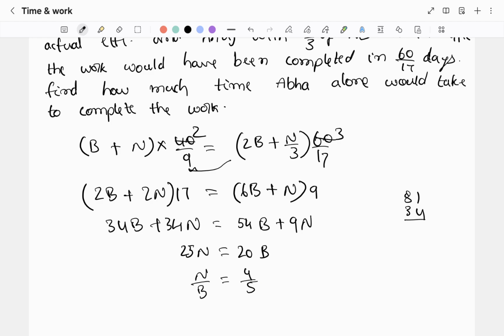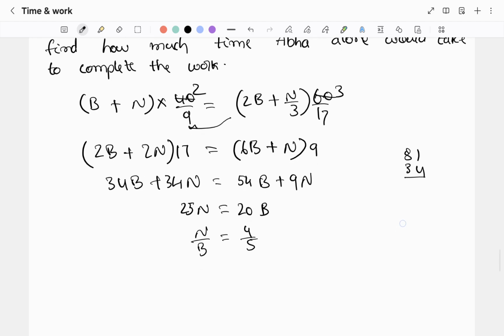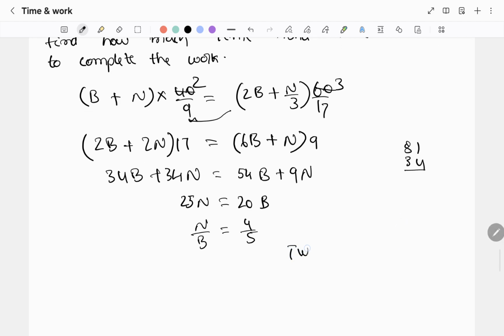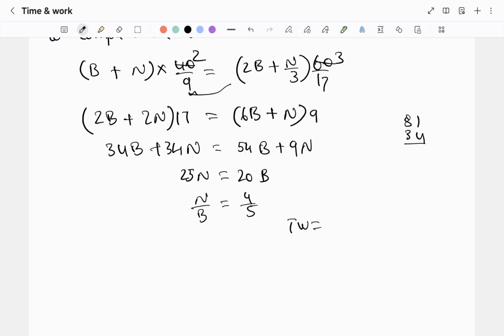Then total work done is, total work is equal to efficiency into time. So what is efficiency? Total efficiency is 4 plus 5, 9, into number of days both have taken, 40 by 9. This is what is given in the question.